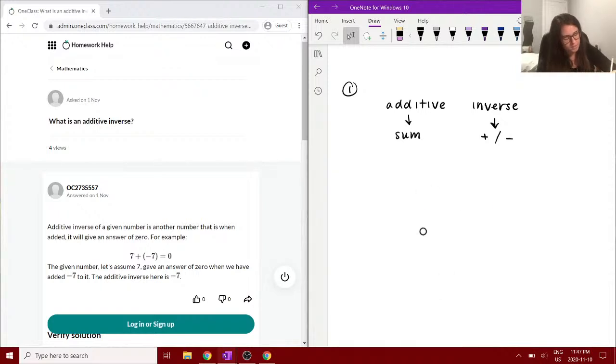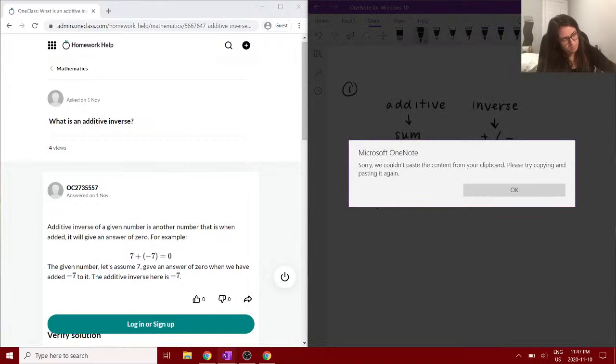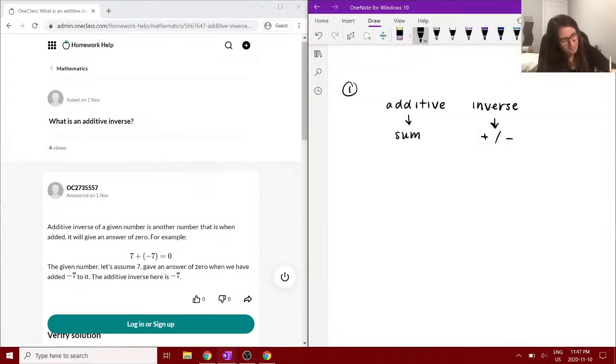It gives the example of 7 plus negative 7. So we have the positive version of the number and the negative polarity of the number, and when you add them together, you always get 0, right?